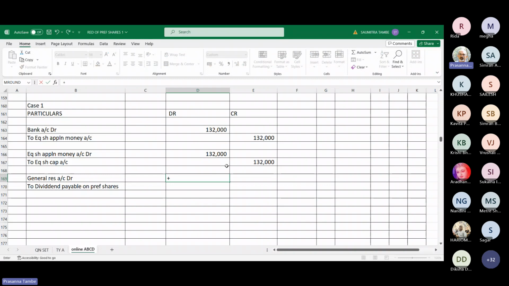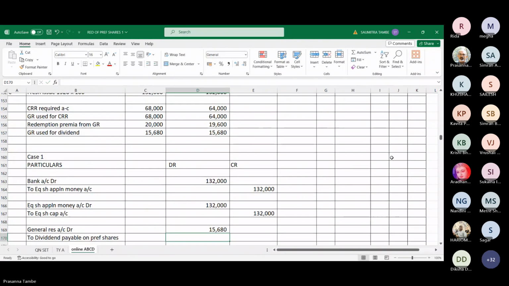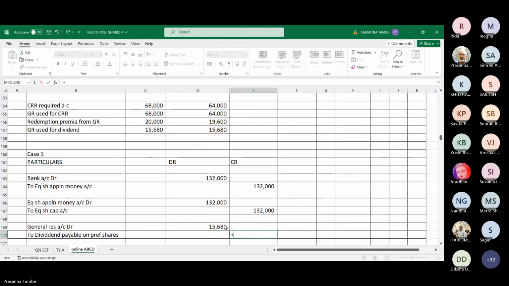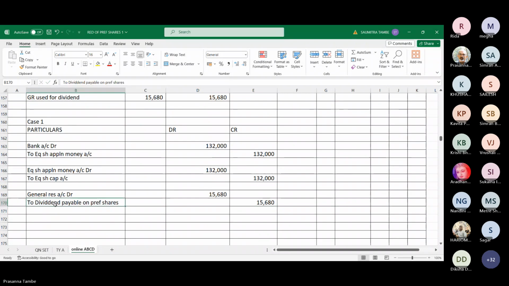That amount is 15,680. And this has to be paid immediately. So dividend payable account debit to bank account.